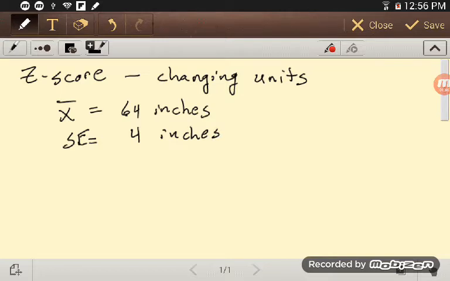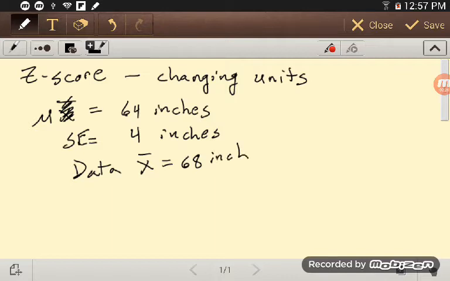Now, if you tell me that I have some data, oh yeah, I didn't want to use X bar there. I want to use mu. Sorry. So the population mean is 64 inches, and the standard error for what I'm doing is 4 inches. Then say I have some data X bar equals 68 inches.